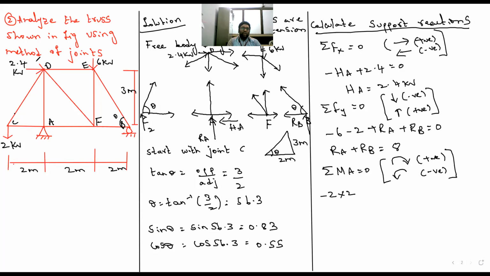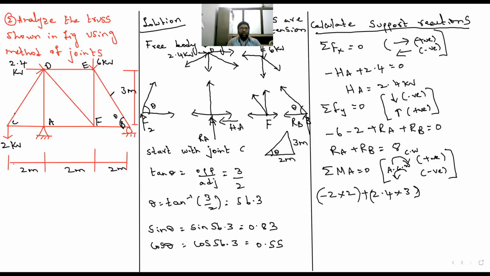Then the 2.4 at the top, clockwise, height is 3 meters, plus 2.4 into 3.